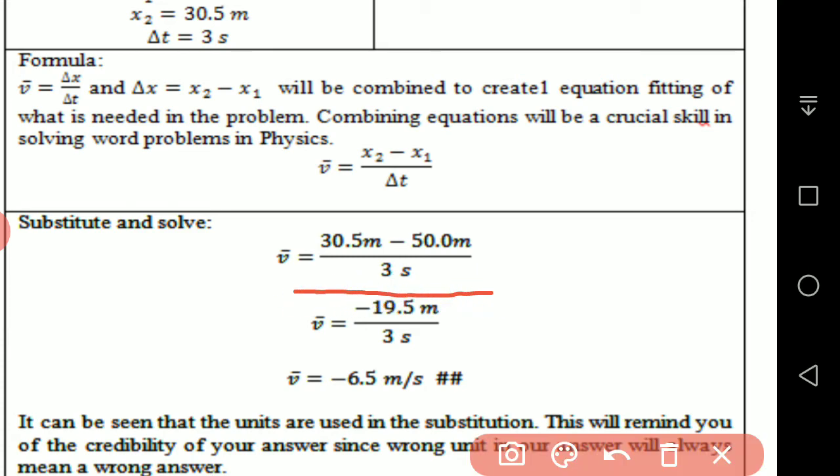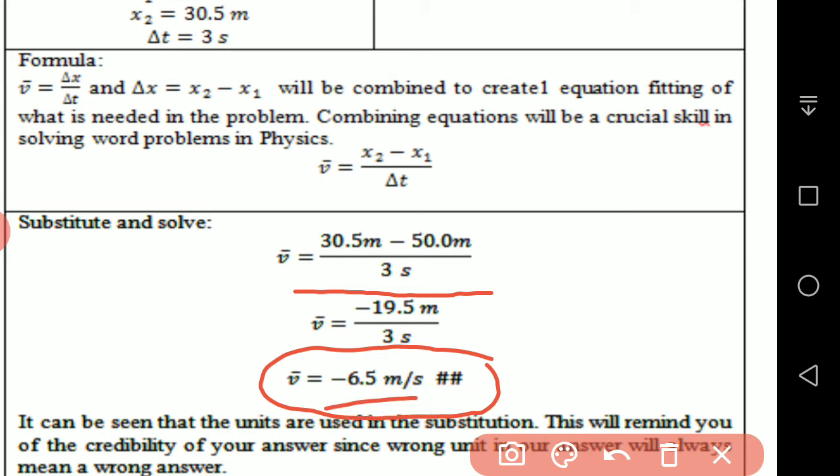So, x sub 2 minus x sub 1. We have 30.5 minus 50.0 meters divided by change in time, so 3 seconds. Makuha natin ay negative 6.5 meters per second. Anong ibig sabihin ng negative na direction?